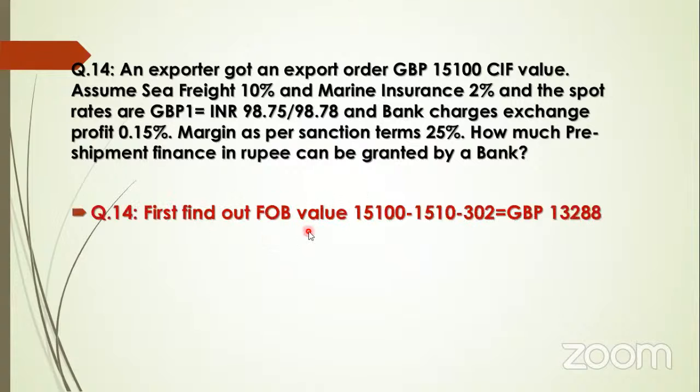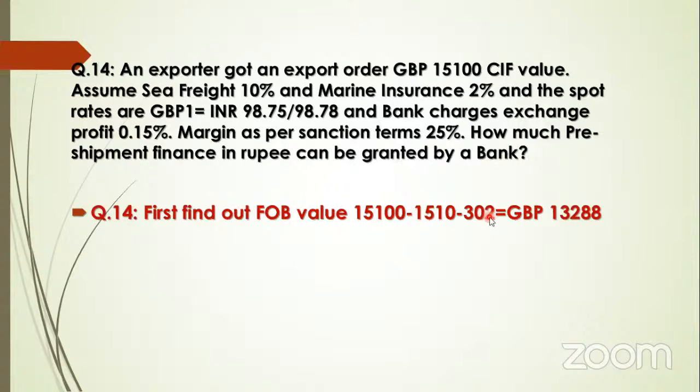Now first, to find out FOB value. Step number 1, they have given CF value. You have to find out FOB value. How to find out FOB value? CAF value minus freight minus insurance. This is the formula. Remember, FOB is equal to CAF minus I minus F. What is F? Freight, ocean freight. What is I?